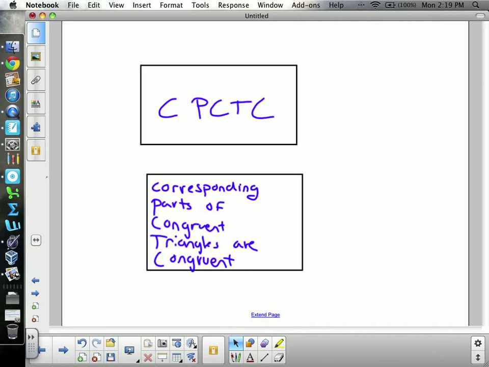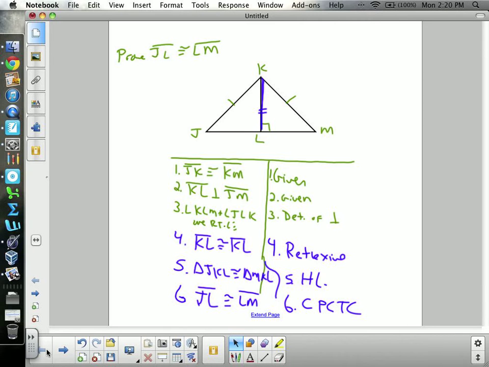When do we use CPCTC? Hold on. One person. When do we use it? After we prove triangles congruent. So, do we ever use it as a reason why triangles are congruent? No. What are the 5 reasons we can use to show why triangles are congruent?